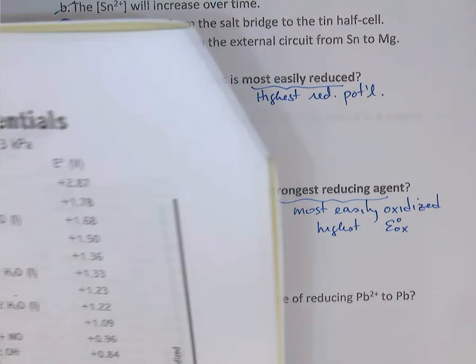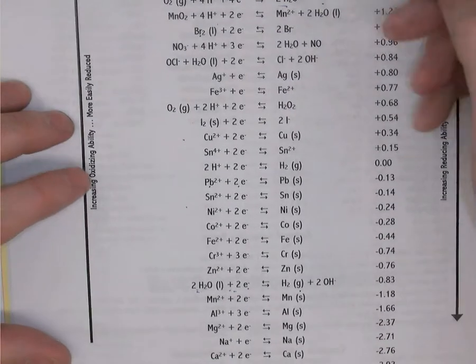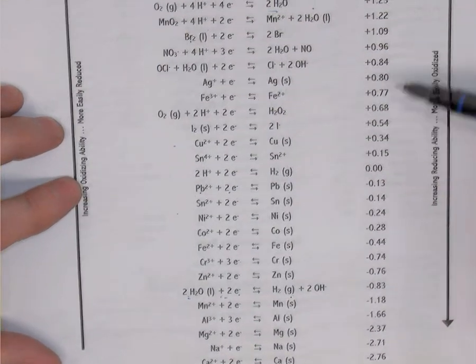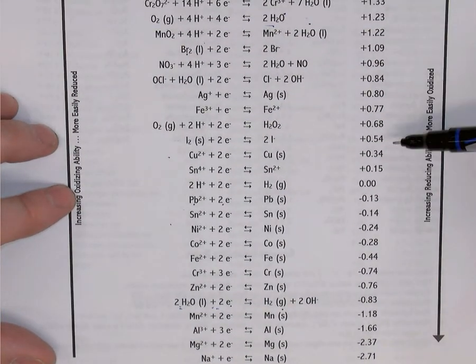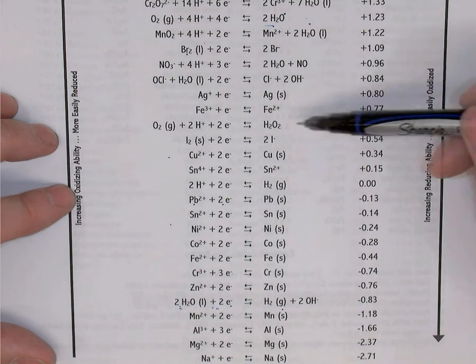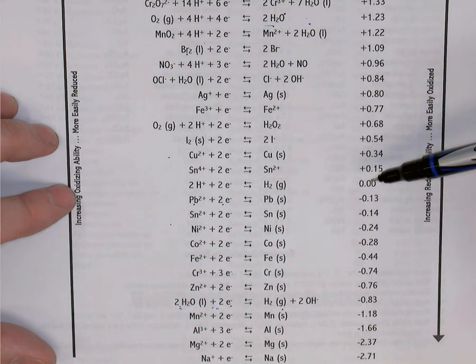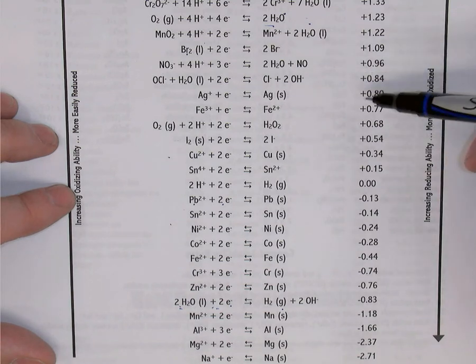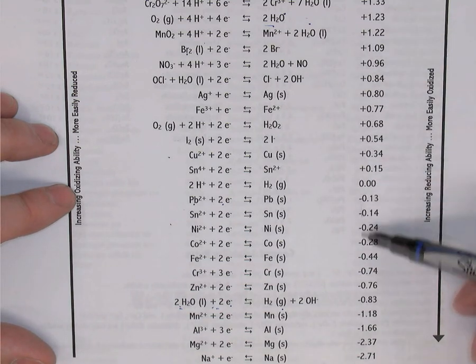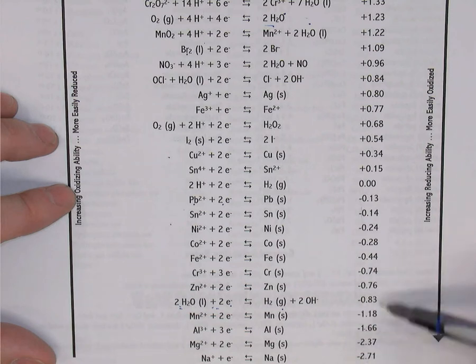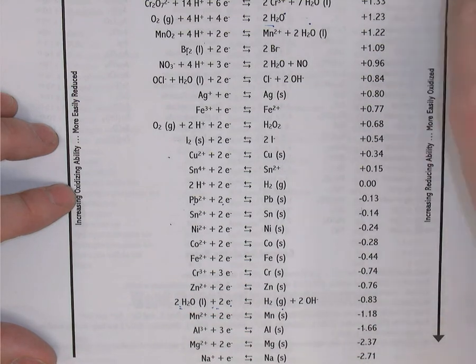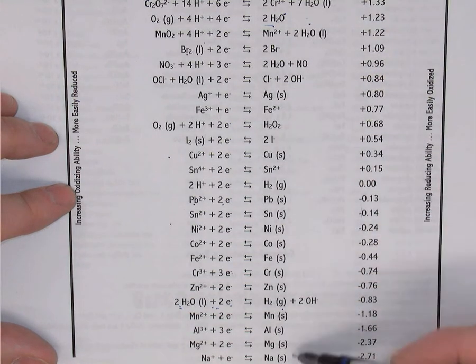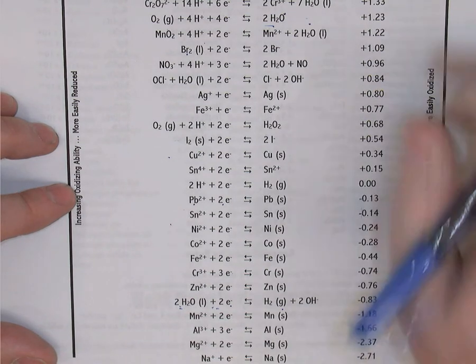So on my chart, things being oxidized are on the right-hand side, and remember these numbers are actually reduction potentials. When you read the equations backwards for oxidation, we change the sign of these numbers. So the largest oxidation potentials are actually near the bottom when these numbers get changed to positive numbers. So I'm looking for something on the right-hand side of this chart near the bottom.